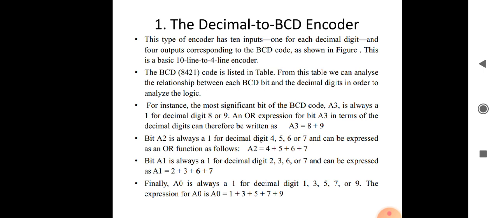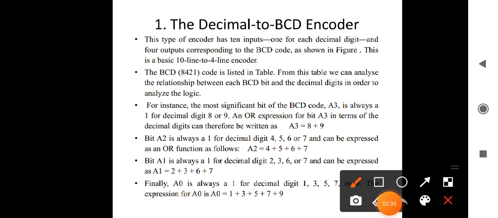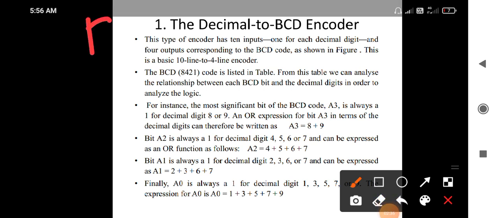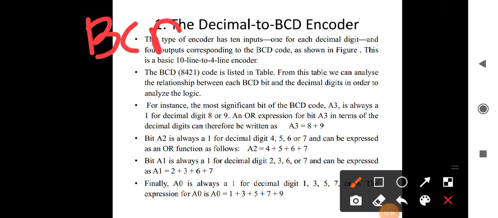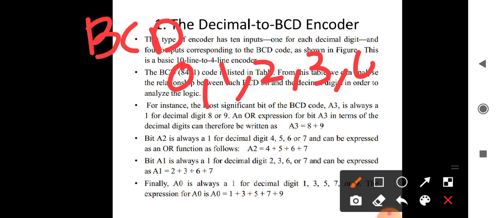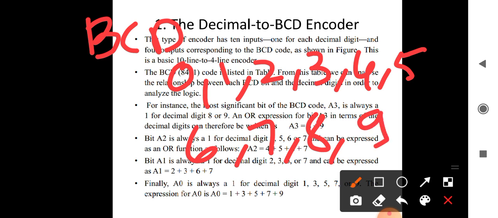The binary coded decimal value will have only the digits 0, 1, 2, 3, 4, 5, 6, 7, 8 and 9. It considers only the digits 0 to 9.